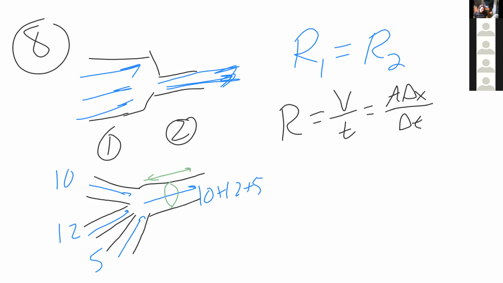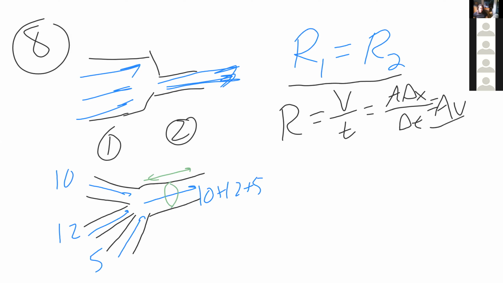And considering delta x over delta t, we have a definition for that. That's velocity. So your volume flow rate can also be written as area times velocity. And this is the thing that we'll set equal when we are setting the two volume flow rates equal to actually solve a problem.